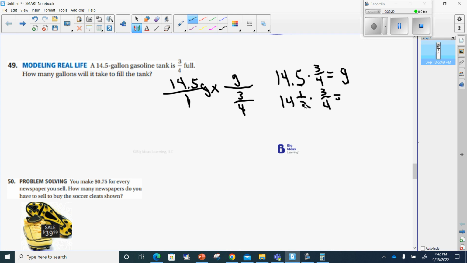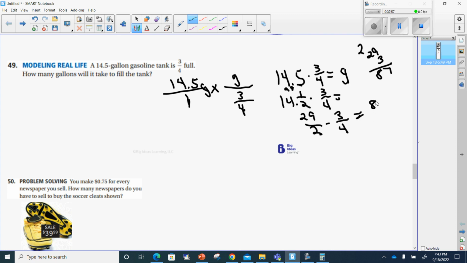Now I have to turn this into an improper fraction. 14 times 2 is 28. And 28 plus 1 is 29. So this is 29 over 2 times 3/4. See, 29 times 3, that's 87.